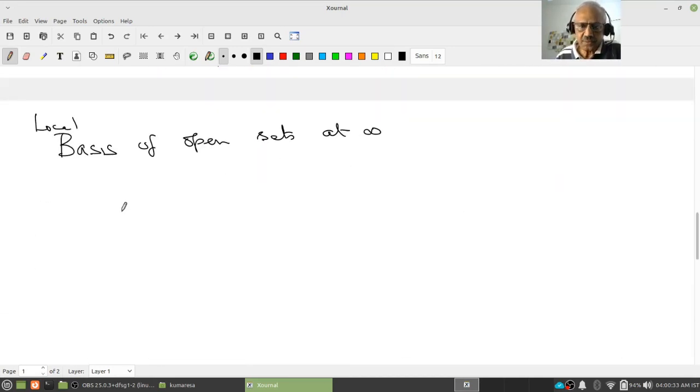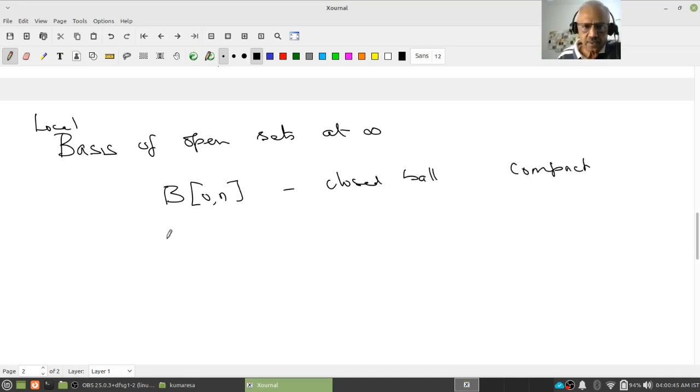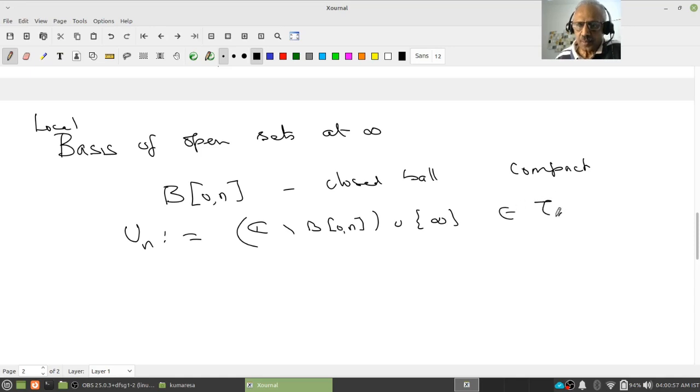If I take the closed balls B0n, this is a closed ball and we know this is compact. So let me look at Un to be C minus a closed ball, union infinity. And this is an open set containing infinity. Is this clear?